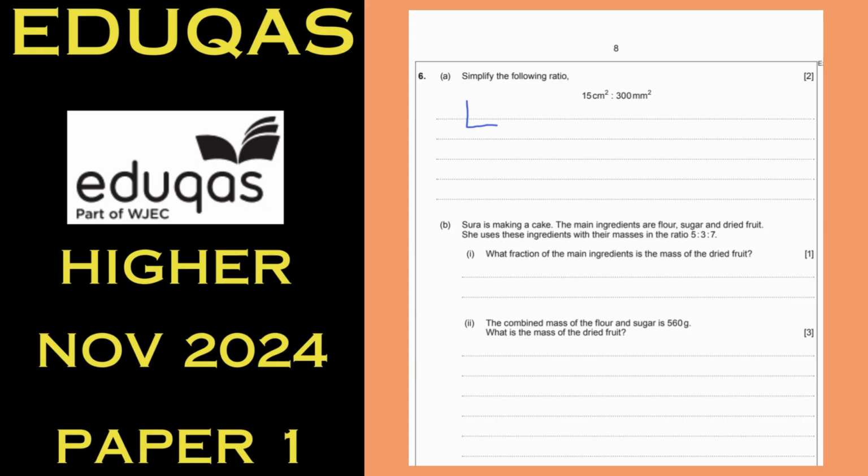If you've got a 1 centimetre by 1 centimetre square, if each dimension is in centimetres, your area would be 1 centimetre squared, but the same square written in millimetres would have an area of 100 millimetres squared, which means if you want to convert centimetres squared to millimetres squared, it's times by 100. If you want to convert millimetres squared to centimetres squared, it's divide by 100.